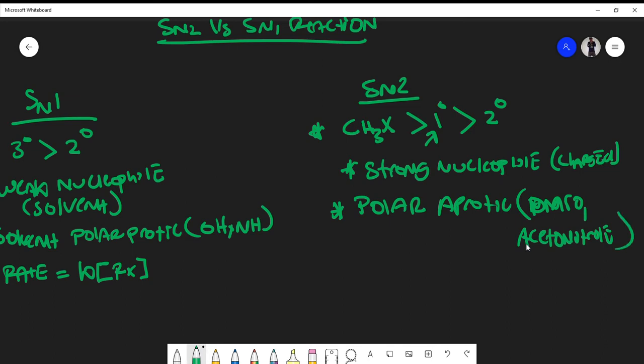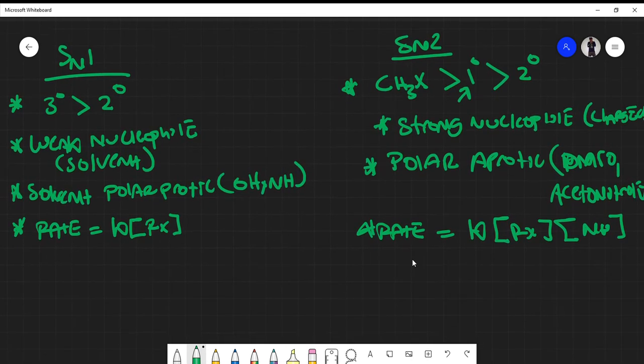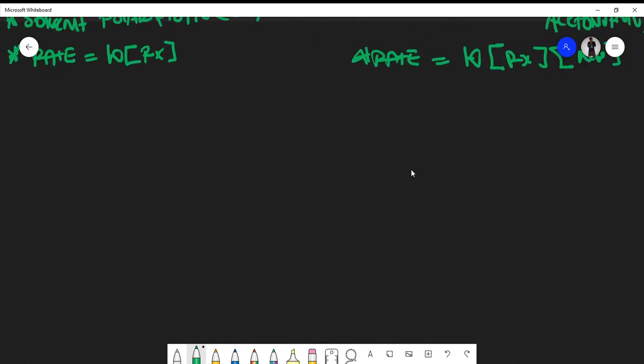So, polar aprotic solvent. And lastly, for background information, the rate is equal to k times the concentration of the alkyl halide times the concentration of the nucleophile. So keeping these rules in mind, let's look at a few examples to tell if we're dealing with an Sn1 reaction or an Sn2 reaction.